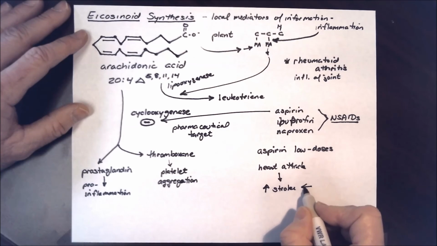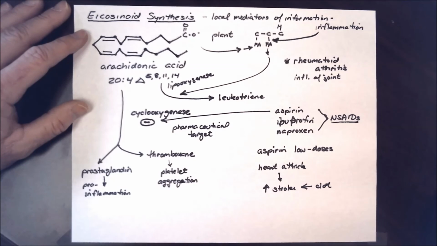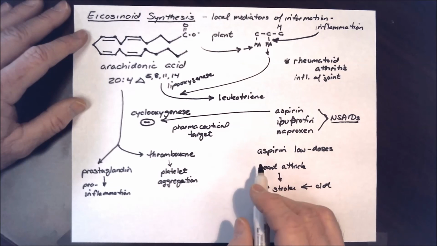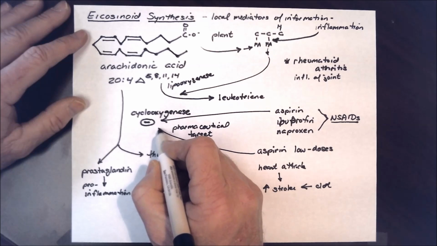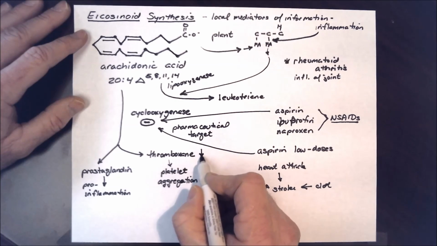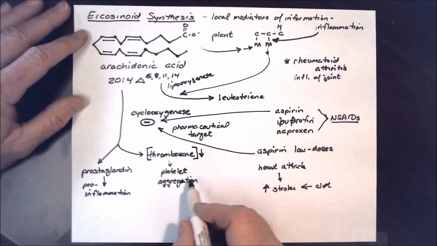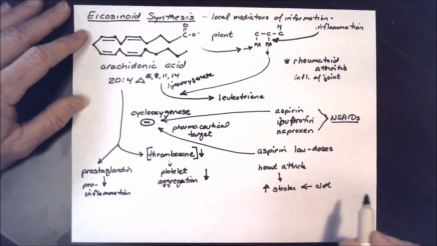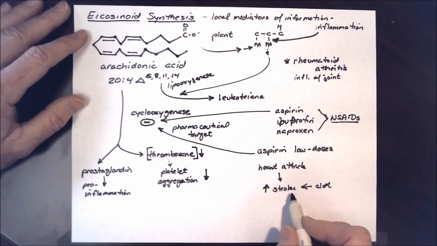And a stroke is essentially a clot that's broken free. So the concept of a low-dose aspirin is to inhibit the cyclooxygenase, thereby reducing the concentration of thromboxane being produced, which will essentially decrease the amount of platelet aggregation and prevent the formation of a stroke.